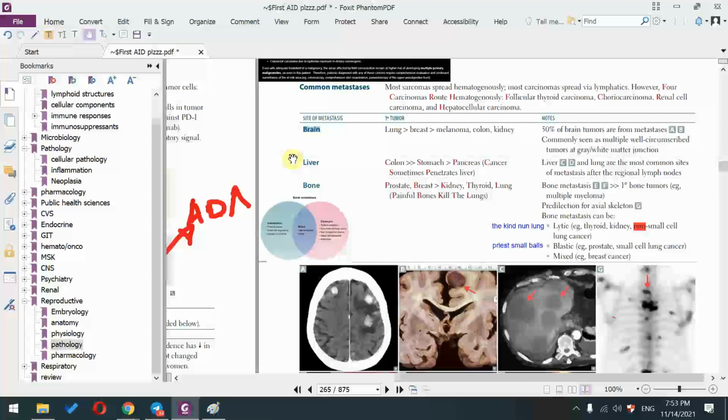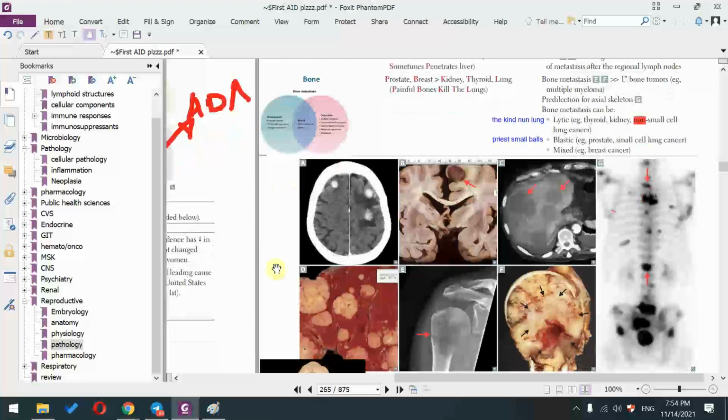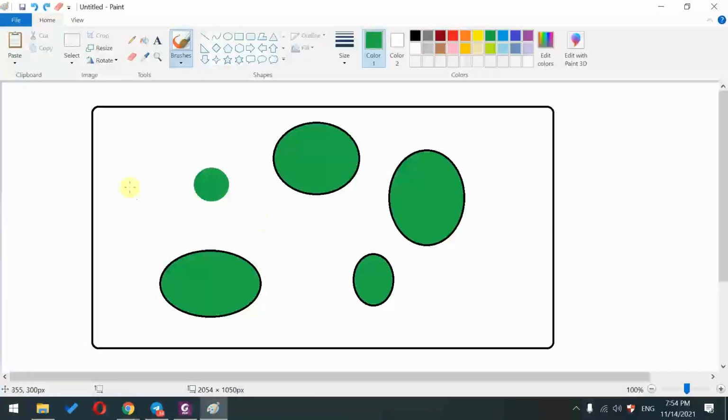Okay, so the notes. They write here that liver and lung are the most common sites of metastasis after regional lymph nodes. So, guys, do you remember this TNM staging thing? What does the N stand for? The lymph node. Yes, excellent.